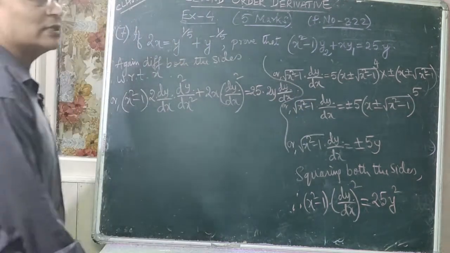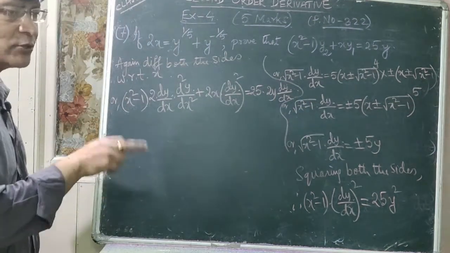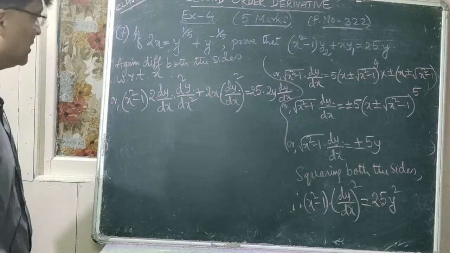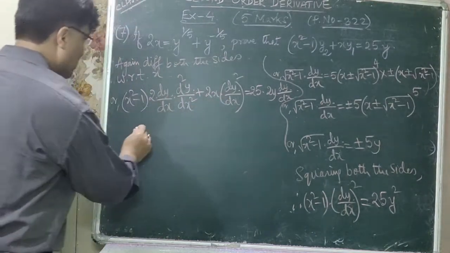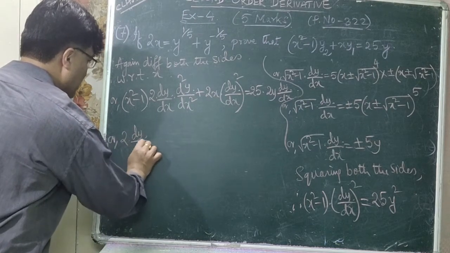So I think you have understood it. Okay, differentiation of y square with respect to x is 2y into dy by dx. Now what is common out here? 2 into dy by dx is taken common.